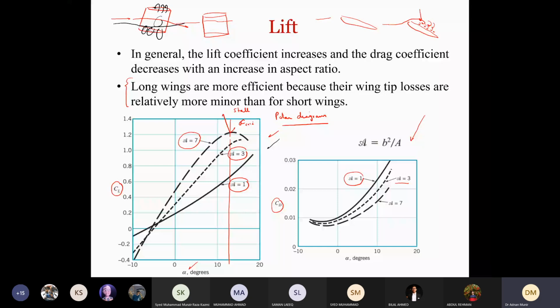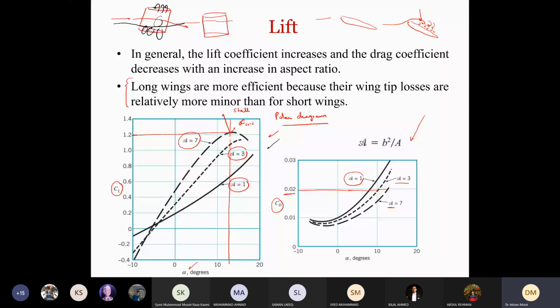So now one thing is clear: for aerofoils, you can see that the maximum CD that we are having, for aspect ratio of 7, is around 0.02, whereas for aspect ratio of 7, the maximum lift that we have is around 1.2.